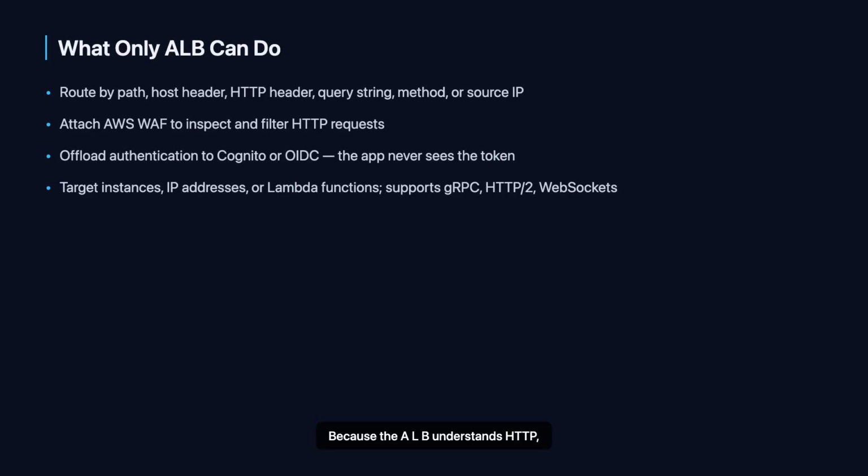Because the ALB understands HTTP, it can do things nothing else can. It routes on path, host header, HTTP headers, query strings, the request method, even source IP. You can attach the Amazon Web Services Web Application Firewall, or WAF, to it to inspect and filter malicious requests.